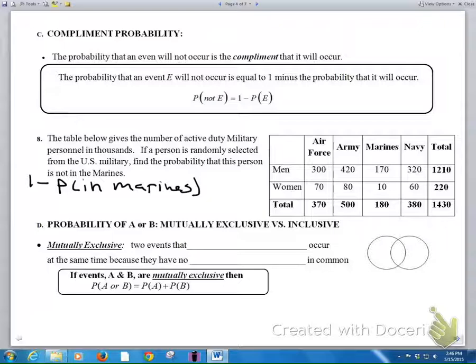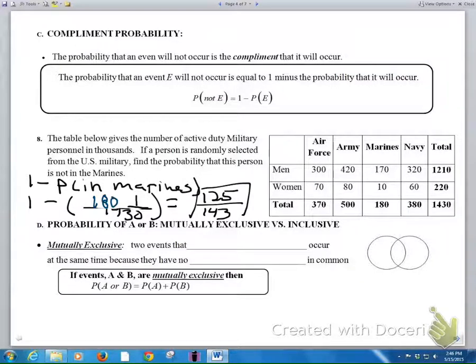is 180, because that's the sum of men and women. Sorry about that. It was 170 plus 10, which is just 180.